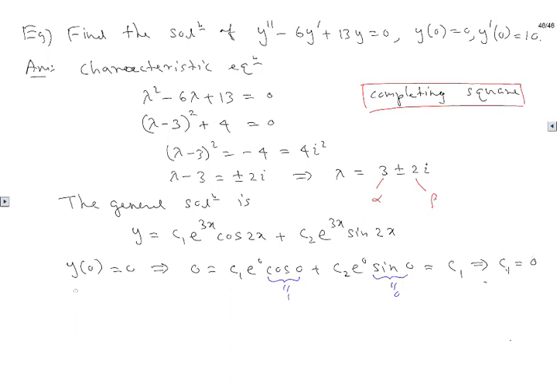That means the solution is now simply y equals, because C1 is 0, you can remove that, so you only have c2 e to the 3x sine 2x. We don't have to worry about C1 anymore because it is 0. Now, to use the second condition, we take the derivative.